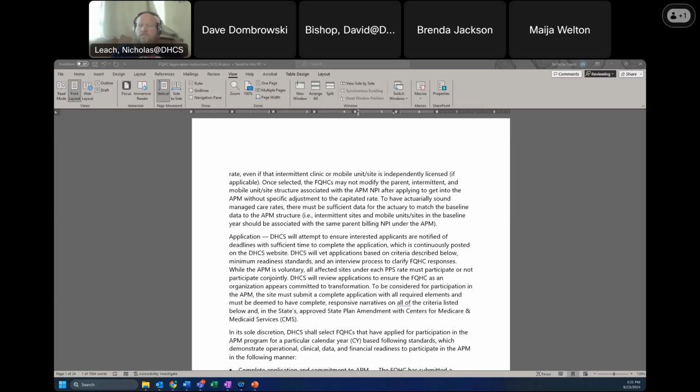I'm not sure that reflecting those changes in the application is going to facilitate the calculation or the development of the appropriate rates, so long as DHCS doesn't have the ability to identify the intermittent clinic encounters and enrollment data.